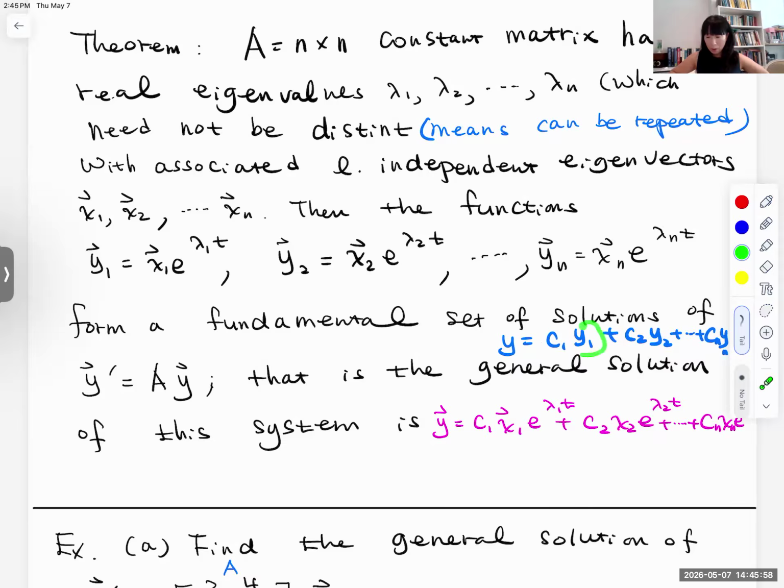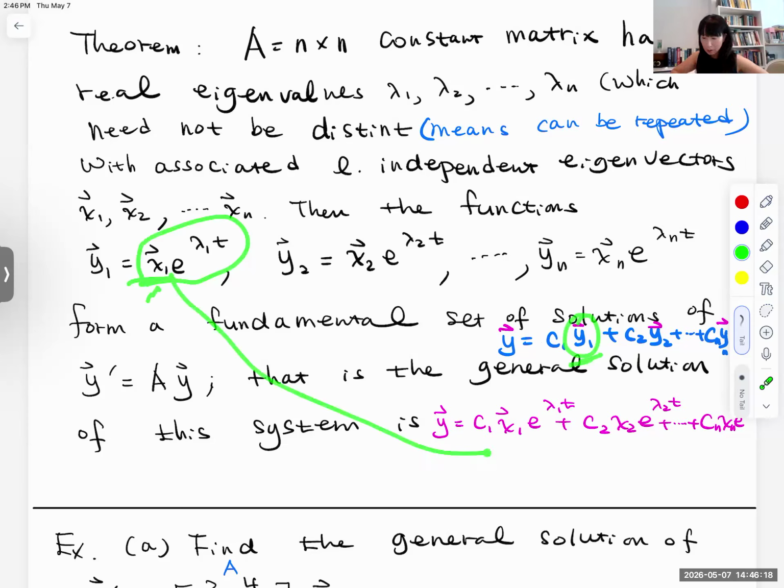Now, since y sub 1 is a vector, everything will be in vector form. This is a vector, this is a vector, this is a vector. Then the vector y sub 1 has this form.